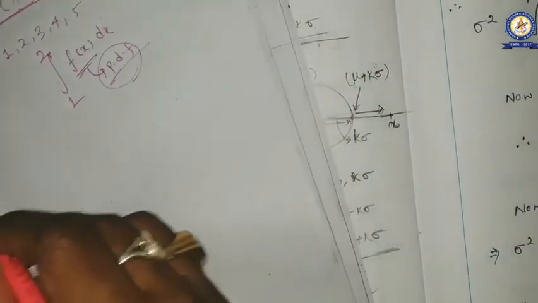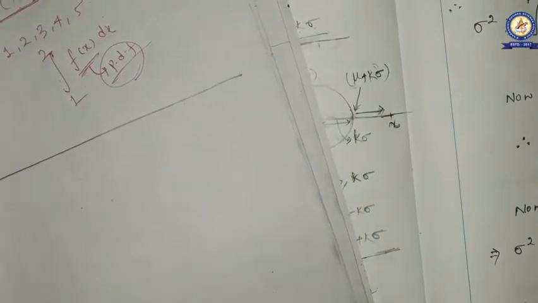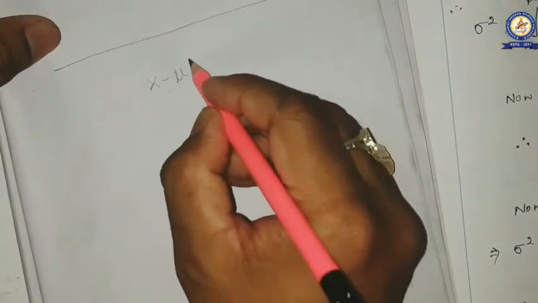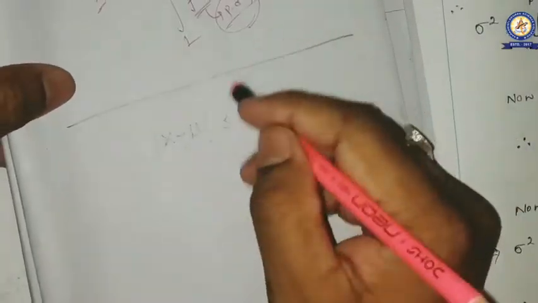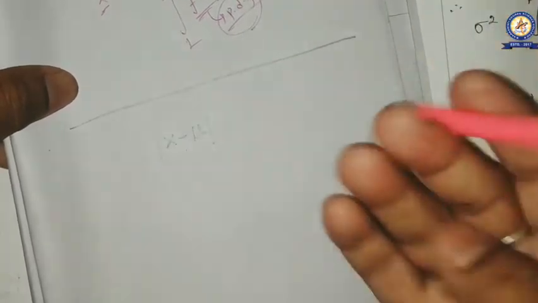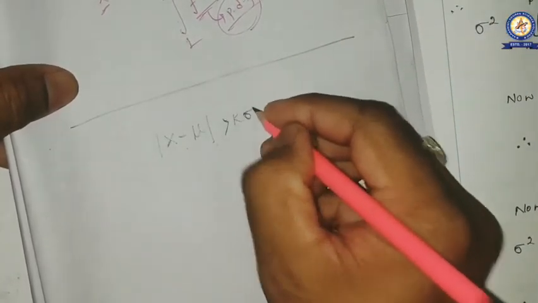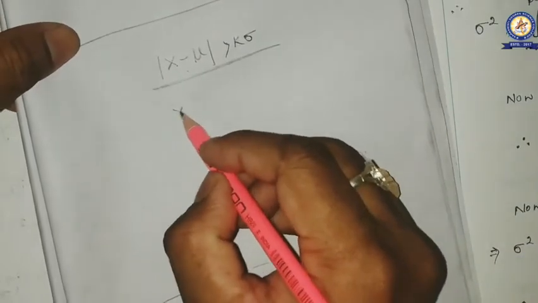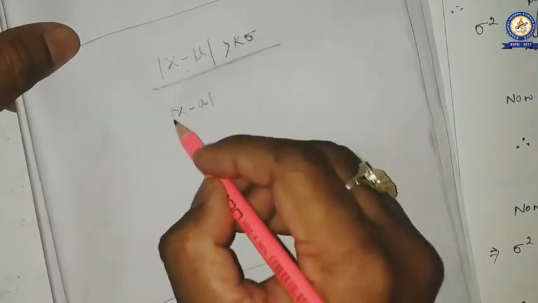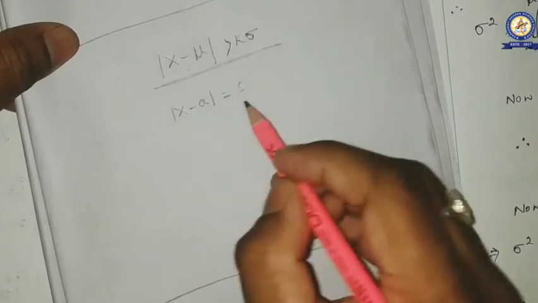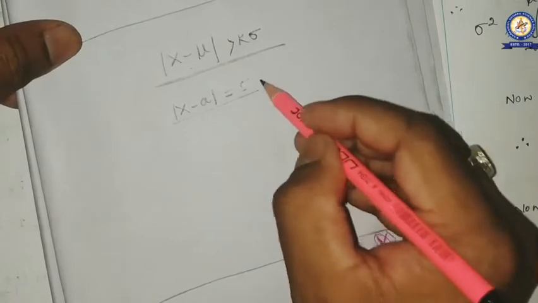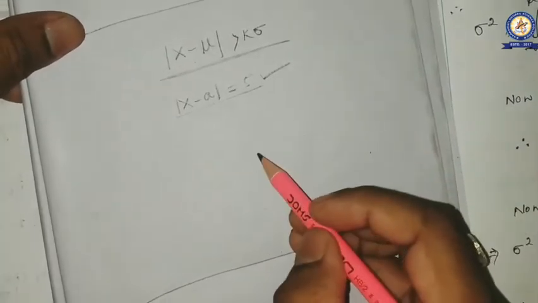For easy understanding and remembrance, suppose it is given that |x minus a| equal to 5. You just consider this is the equation of a circle.